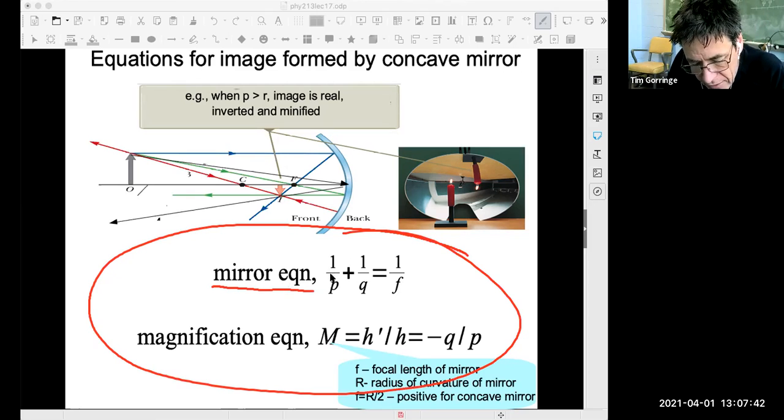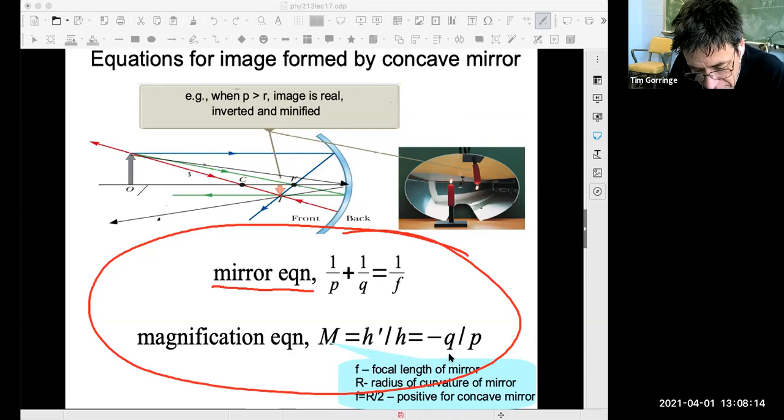And it's relating the position of the object, that was P, the position of the image, that's Q, and the focal length of the curved mirror, where the focal length is half the radius of curvature. And so we can use this to predict the location of the image, for example.